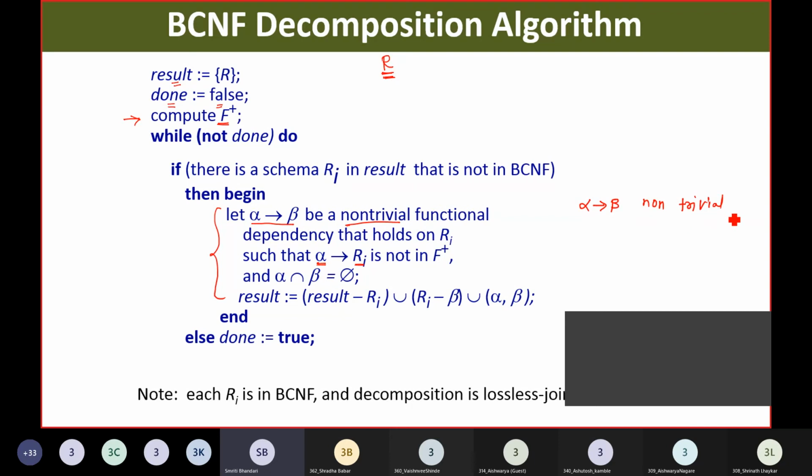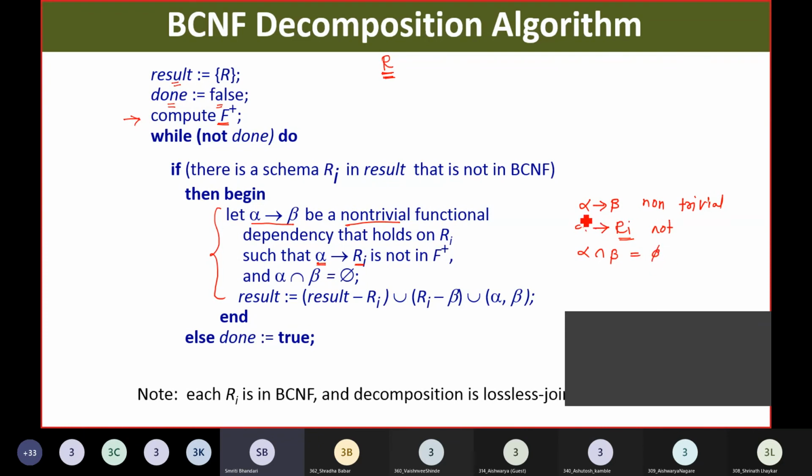So if alpha to beta is non-trivial and alpha is not a super key of Ri, so alpha is not determining all the attributes of Ri. Right? And alpha intersection beta is phi.